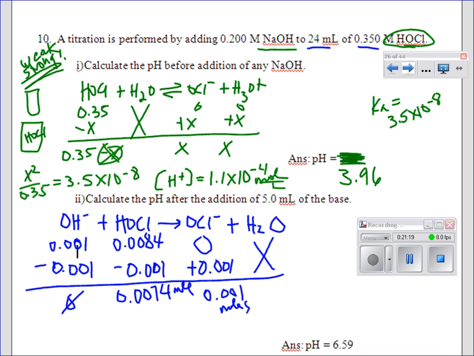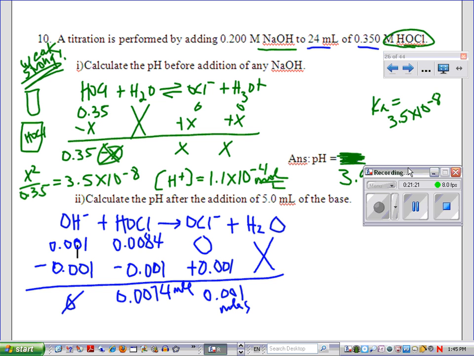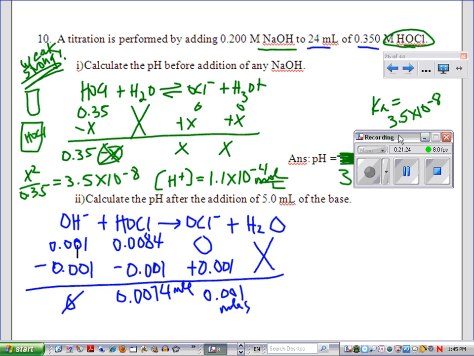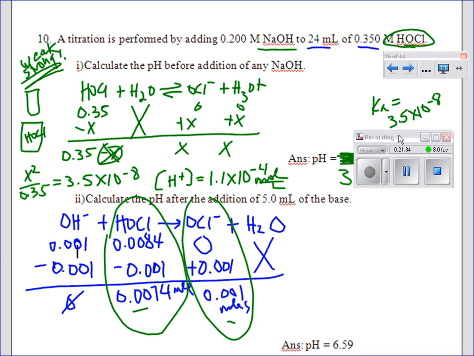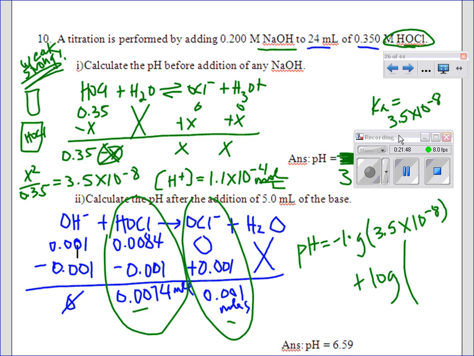Okay, the war's over. What do we have left over? What kind of system? This is a buffer left over. So for ease and time, are you guys okay with understanding why we don't have to divide both of these by liters? Because of Henderson-Hasselbalch, we can just plug in. So pH is equal to the negative log of 3.5 times 10 to the negative 8, which is our Ka, plus the log, which number goes on top?